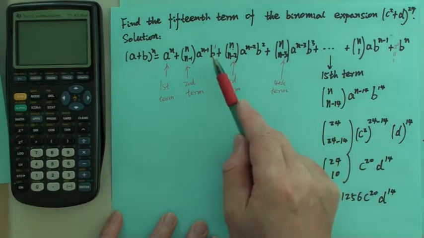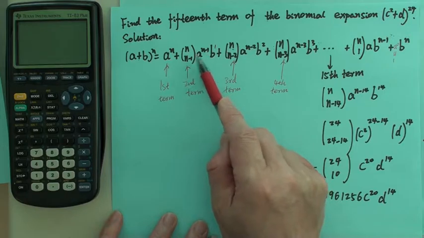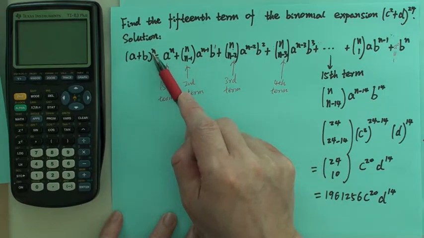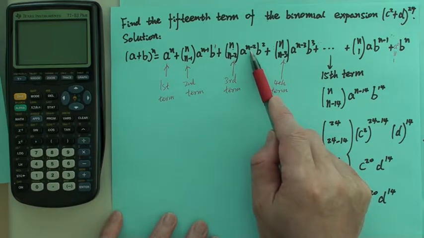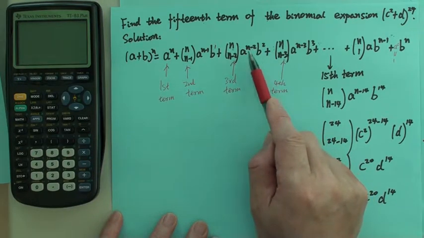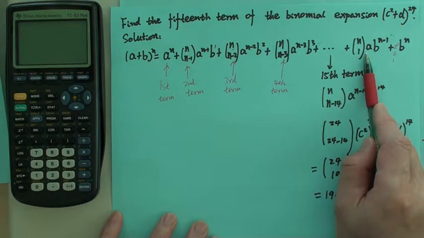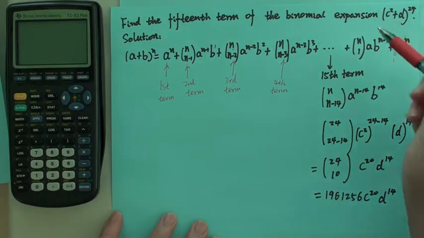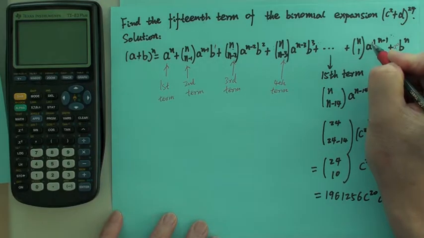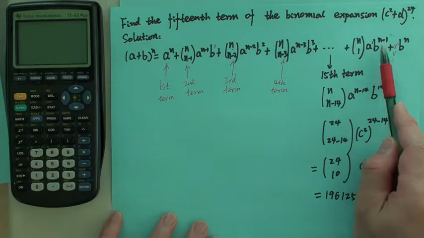Each time, the sum of these two exponents together has to be n. You see down here, n minus 2 plus 2: positive and negative 2 cancel each other, and you have an n. They all have this pattern. Down here, the exponent of a is 1, so 1 plus n minus 1 gives you n.